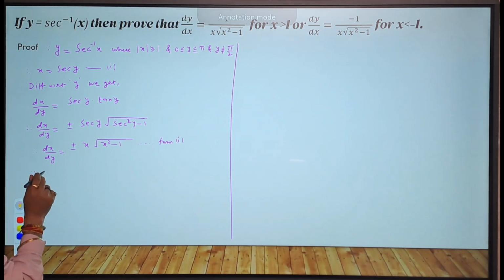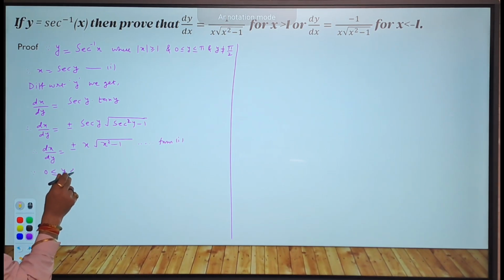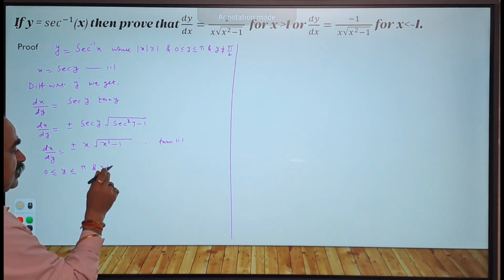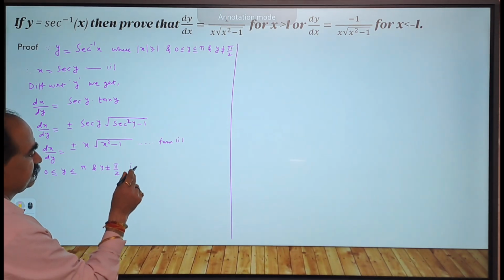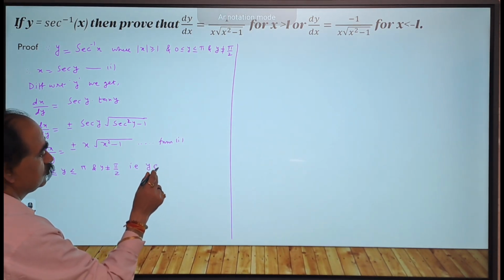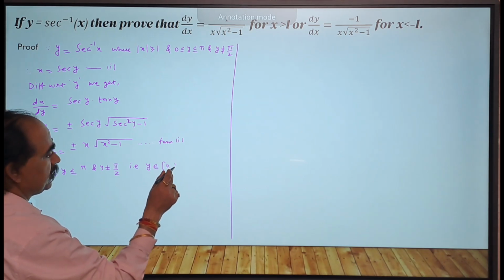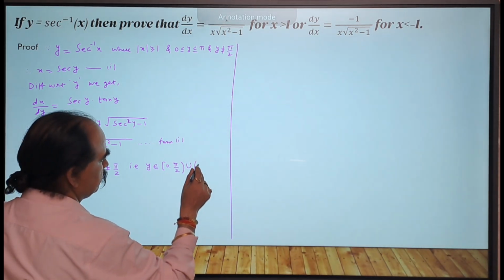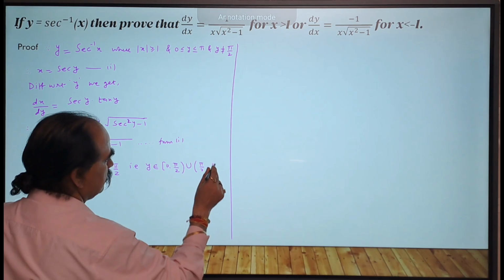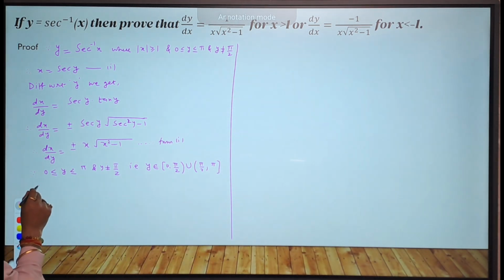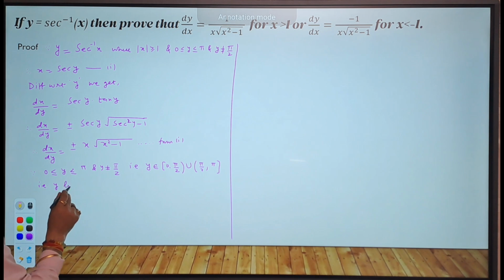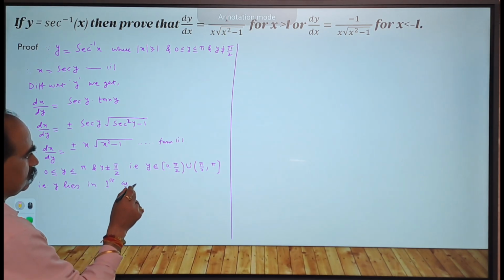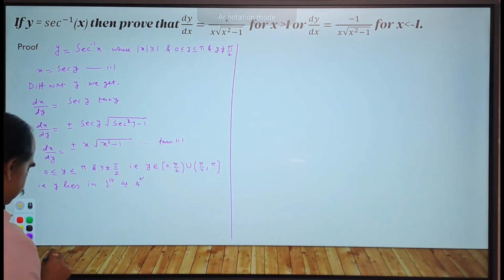Since 0 less than or equal to y less than or equal to pi, and y is not equal to pi by 2, that is y belongs to 0 to pi by 2, where pi by 2 is not included, union pi by 2 to pi, that is y lies in first or second quadrant.